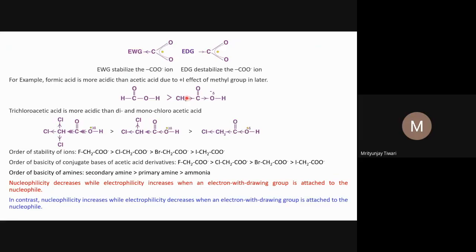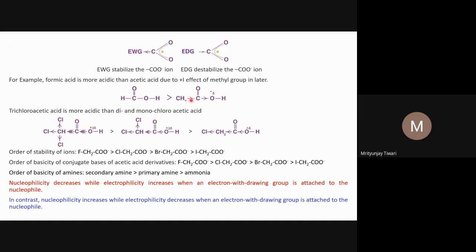But what do we know? The methyl group has a higher electron donating tendency with respect to hydrogen. Hydrogen is the reference point for the electron donating and electron withdrawing effect, and that is why we do not show any kind of shifting with hydrogen.